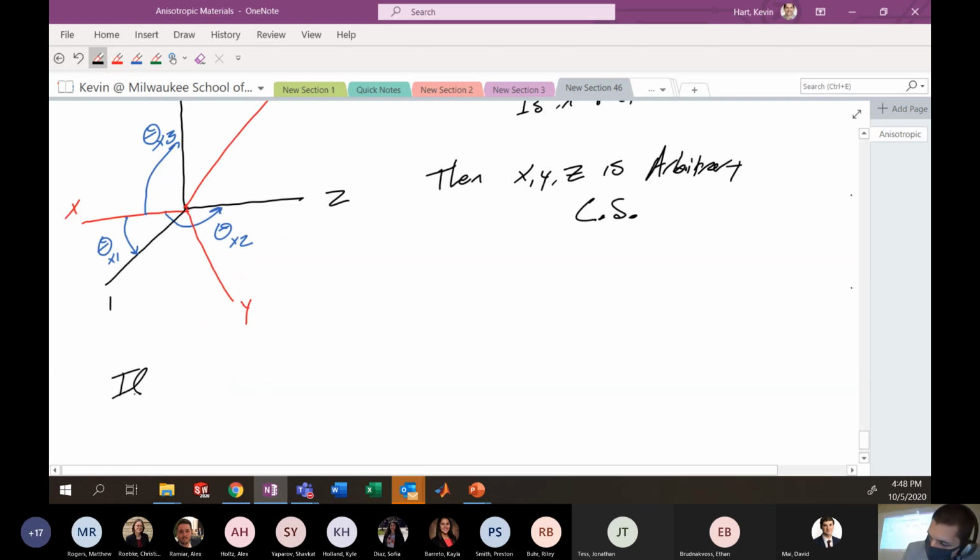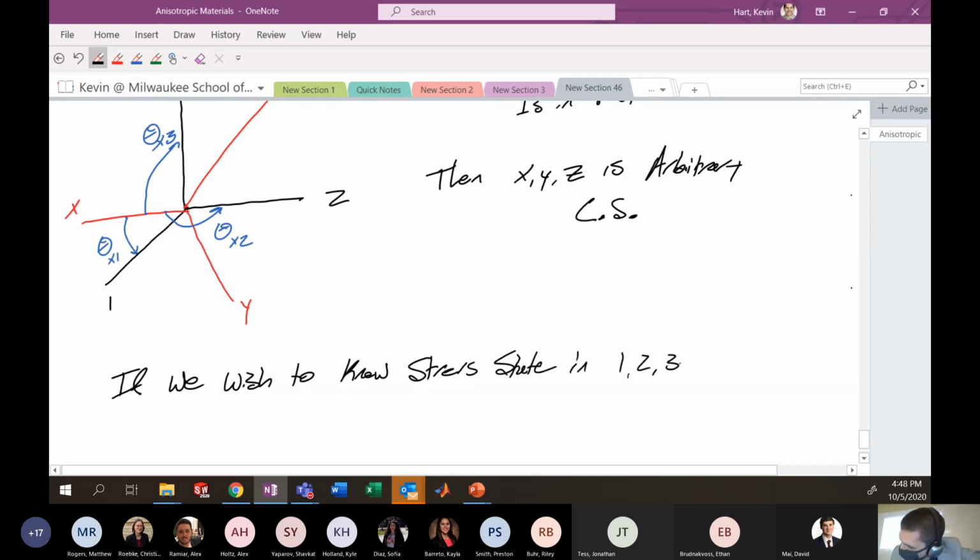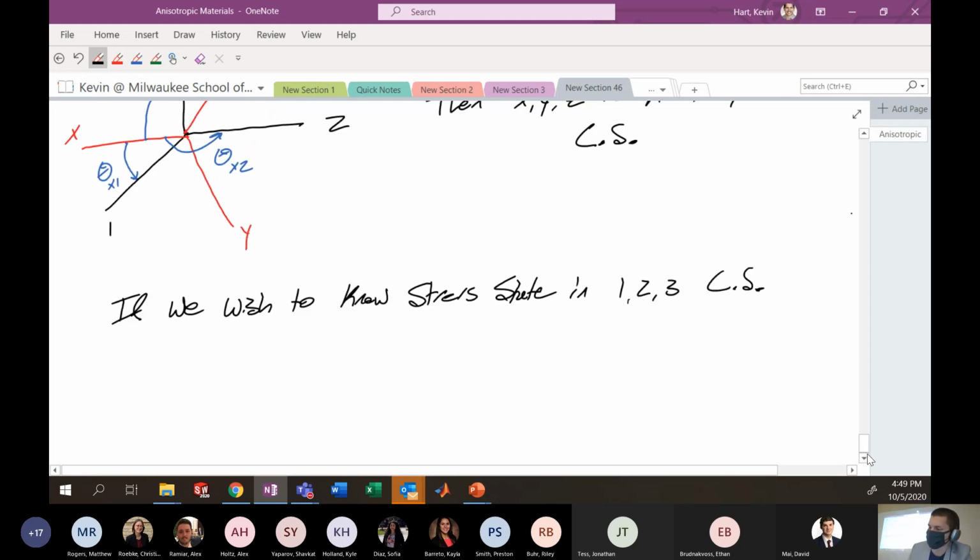If we wish to know the stress state in the 1, 2, 3 coordinate system, which is maybe where we know all our material properties, right? The 1, 2, 3 coordinate system is generally what we would understand and know about our material.